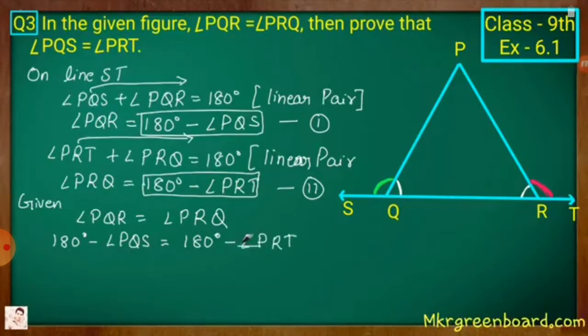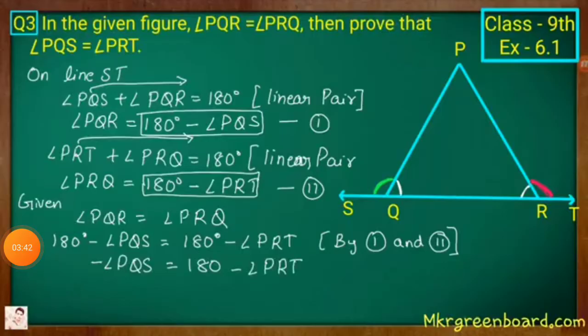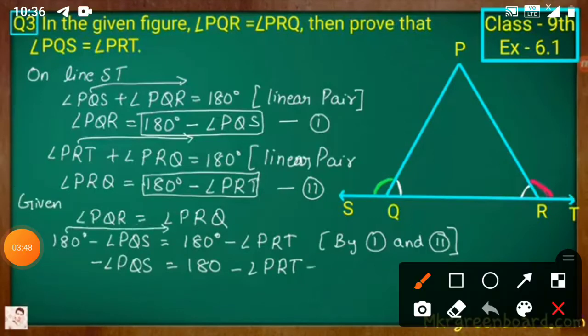Now 180 we need to send that side, by equations 1 and 2. Angle PQS keep this side, 180 we need to send that side, means, see children, minus angle PQS equals 180 minus angle PRT plus 180 that side going means minus 180.